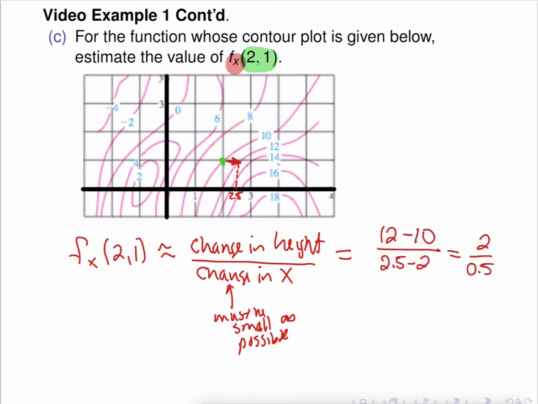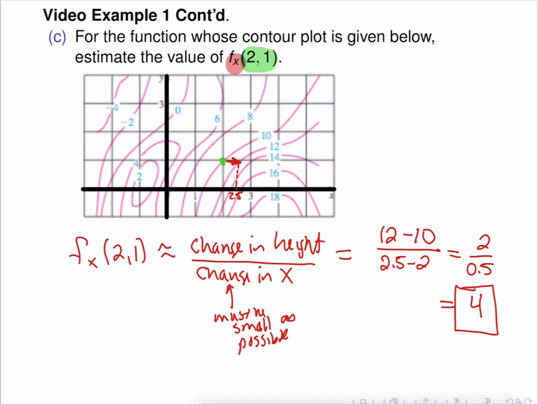So 12 minus 10, over 2.5 minus 2, gives 2 over 0.5, which is 4. So the partial derivative of f with respect to x at (2,1) is about 4.